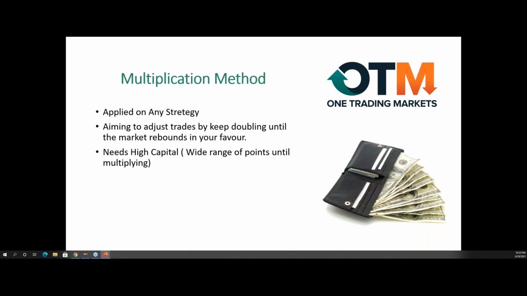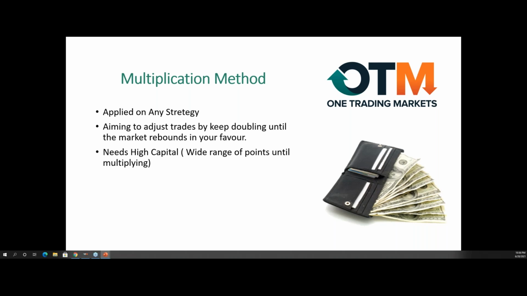It's not a strategy actually, it's a method that can be used to manage your positions. When you learn the multiplication, you will be able to control the positions that are against you, to just handle it and to adjust the trades in a way in order to exit this trade with a winning.